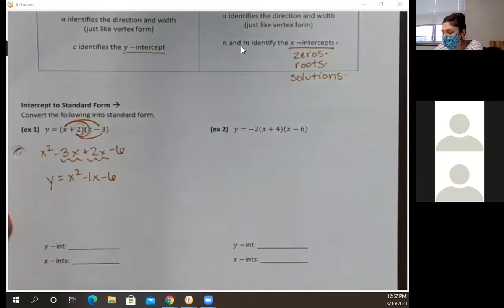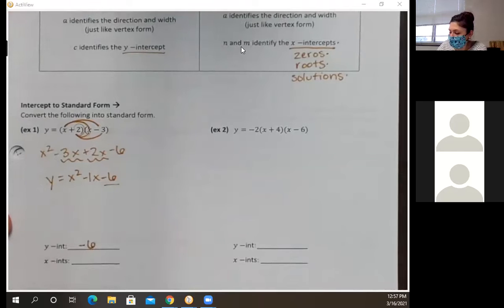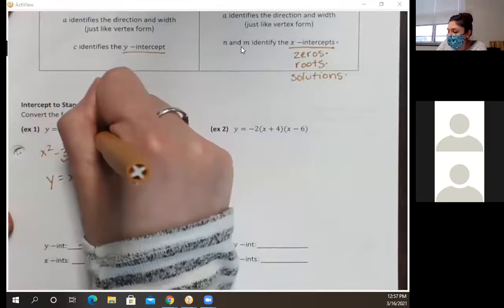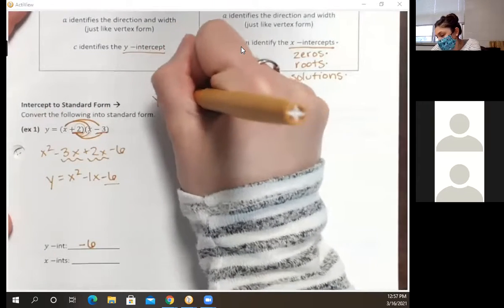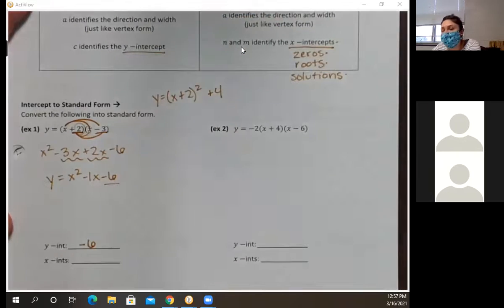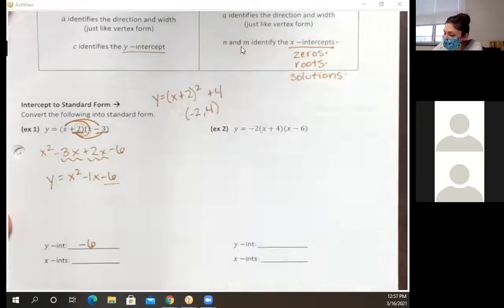So there's standard form. Remember, my y-intercept comes from standard form, so negative 6 is my y-intercept. And then my x-intercepts come from factored form or intercept form. And just like with our vertex form, if this were my vertex form equation, my vertex would be negative 2, 4.